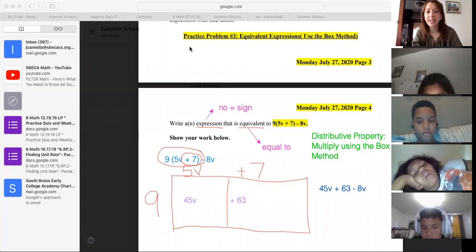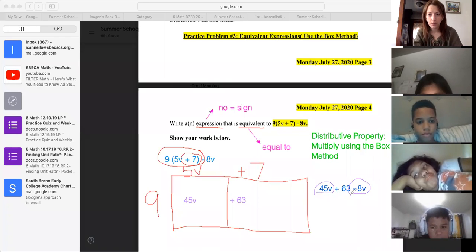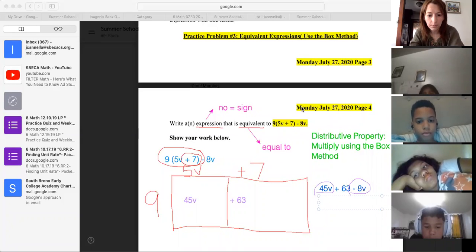Why? Because they have the same variables. So here we're going to put together the 45V and we're going to subtract it from 8V. When we subtract 45V from 8V, we get 37V.